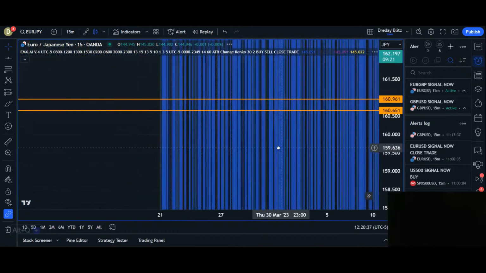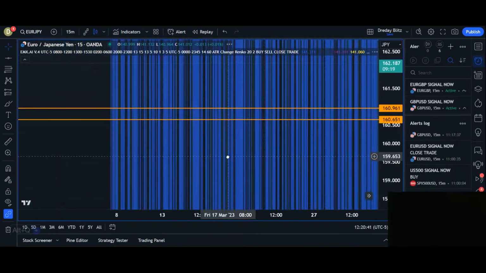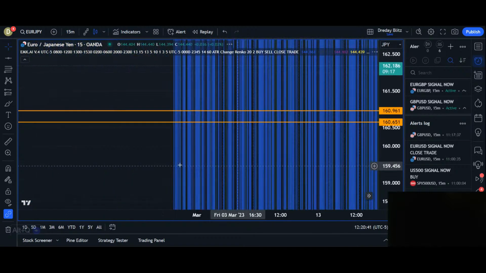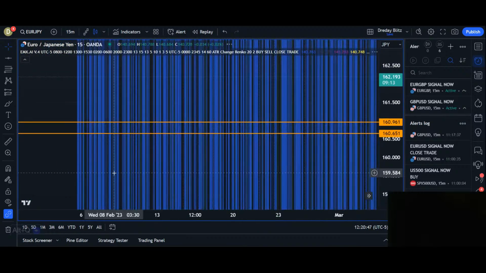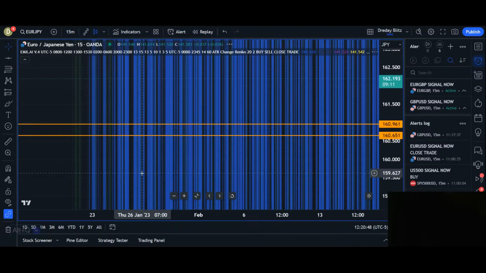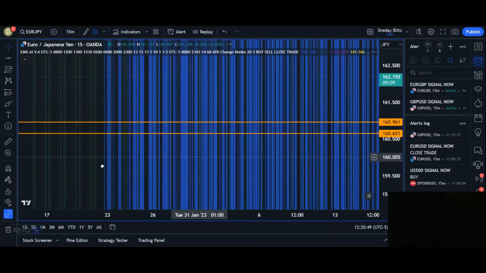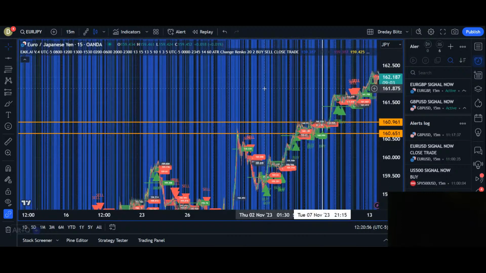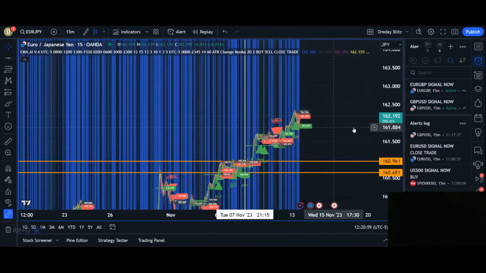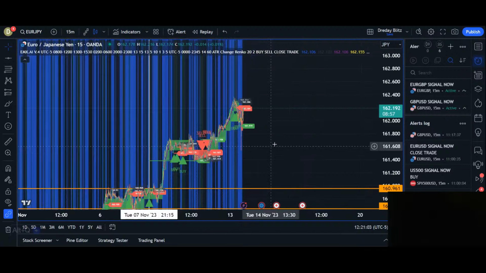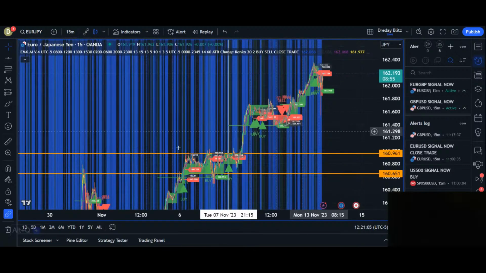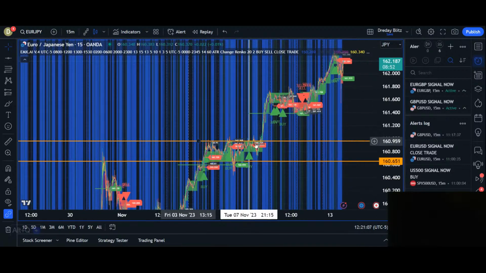Let's see if the price never went there in the last year. So now we're in February. I don't think it ever went there. January, no. Okay. So for this example, we're just going to go back here. So that means that in the last year, this is the highest point that the Euro JPY went.